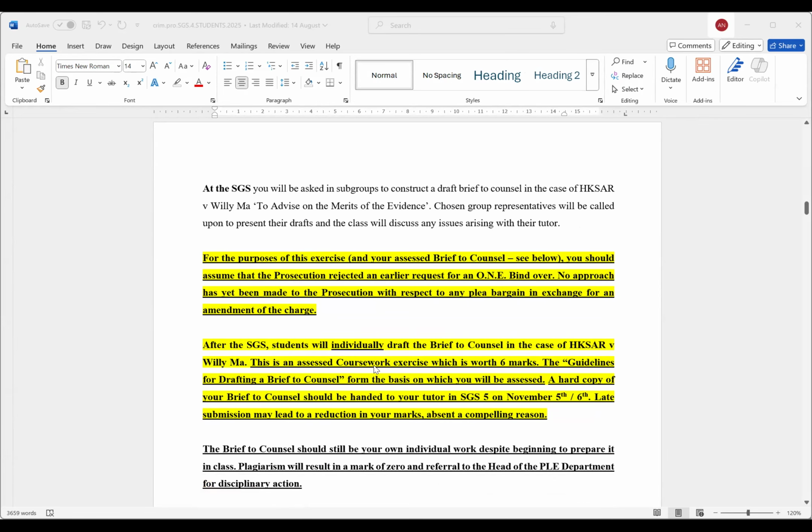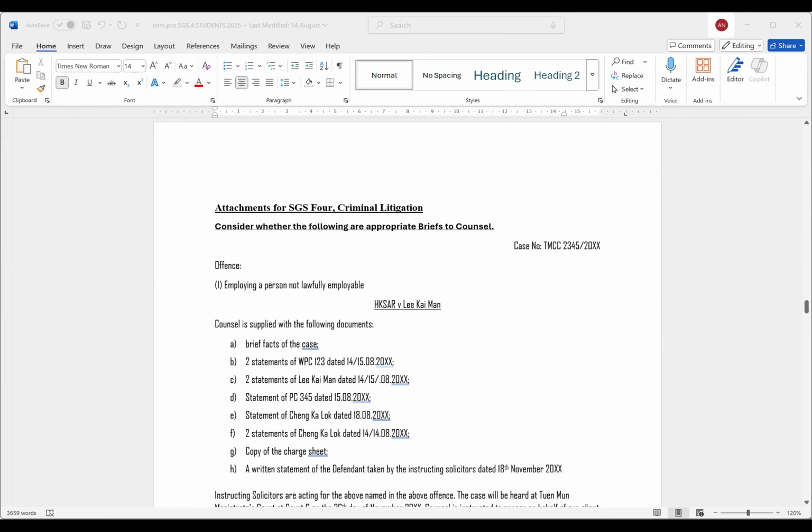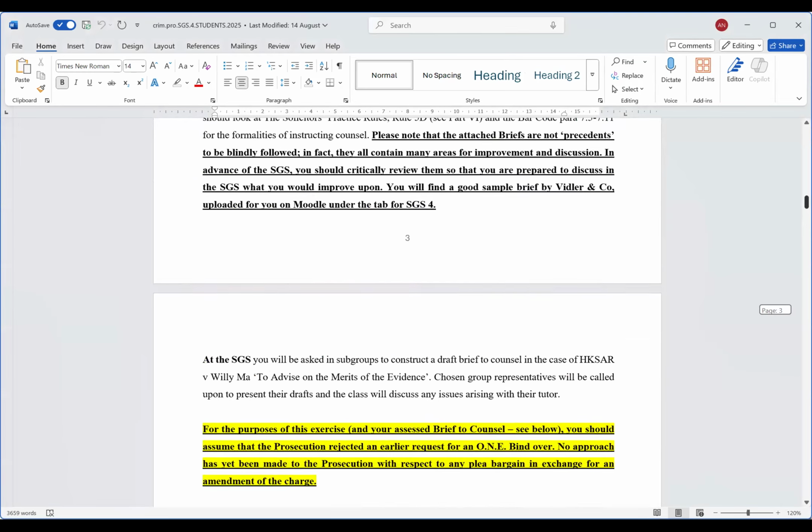You will individually draft the brief to counsel. Set out the nature of the instructions, right? So, yes, that is what you are being asked to do, to draft a brief to counsel to advise on the merits of the evidence, okay?